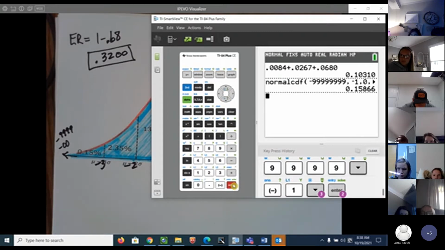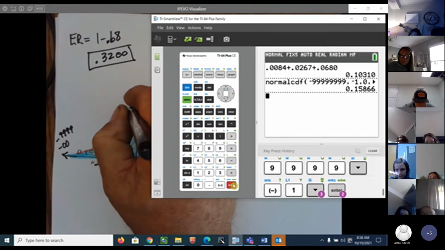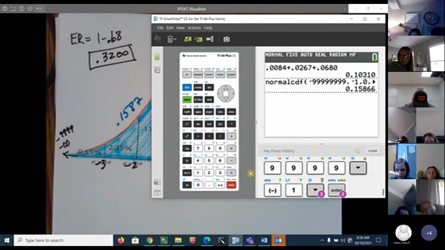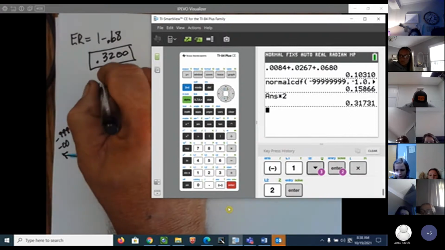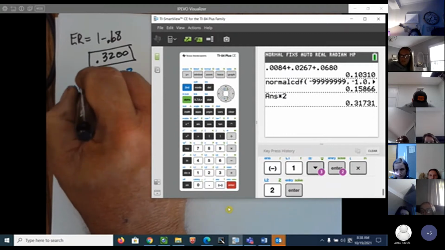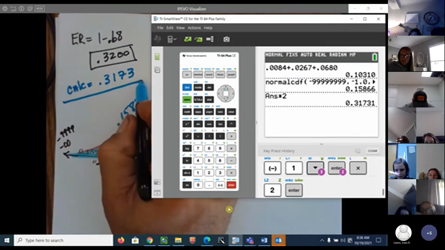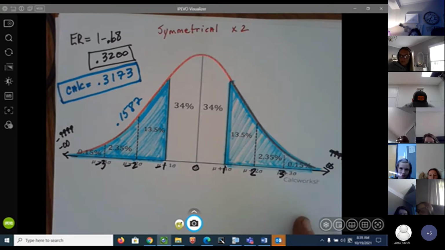And that's 0.1587. And I'm going to multiply that by 2. 0.3173. So the calculator has given us 0.3173, and that is our answer.